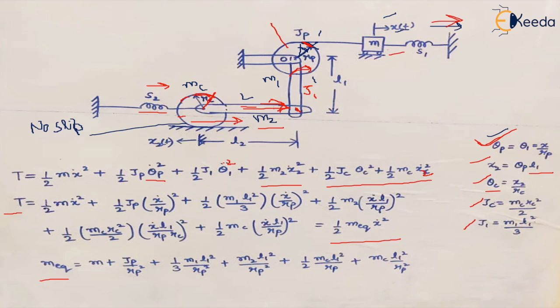Similarly, we can find the value of theta c, which is x2 upon rc. Rc is this. Similarly, we can find the mass moment of inertia of this cylinder, and also of the pulley. Place the values and you'll get the equivalent mass for the whole system.